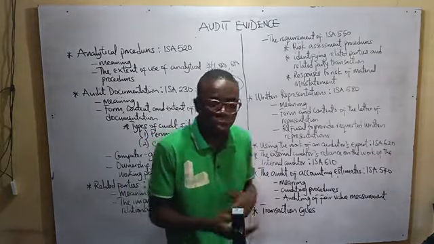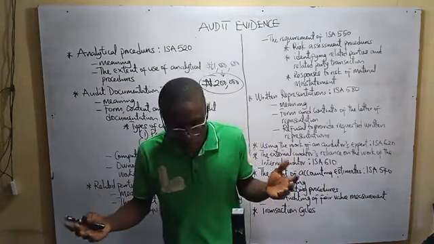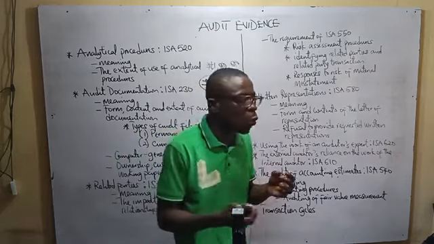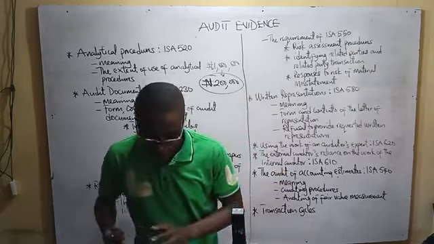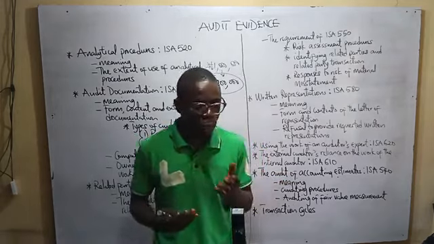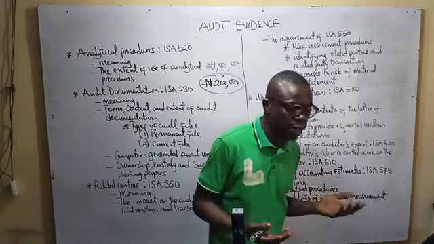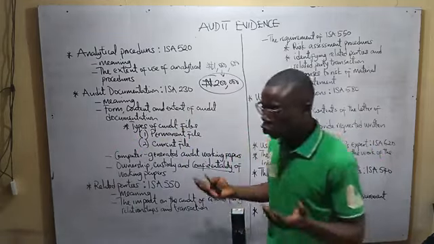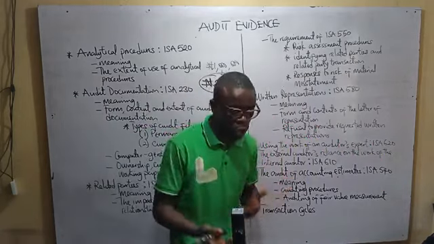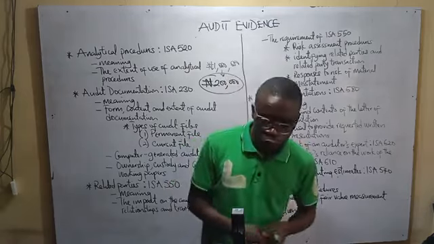So the audit firm may not actually have the expertise to carry out work on that particular area. An example of that is legal opinion. We are not lawyers, we are accountants, or you are an auditor.